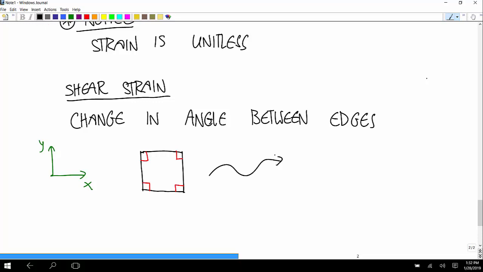Then you deform this material and you get something like this, a parallelogram. Now we'll have these two angles be the same, and these two angles be the same.